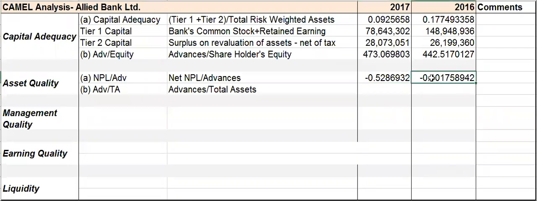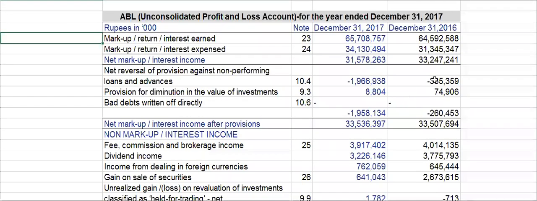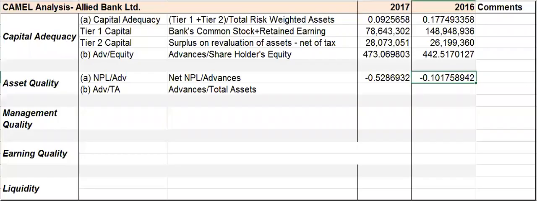Here the sign is negative. Just ignore this sign, because in the income statement the negative sign means that this amount is an expense, but here our purpose is to calculate the percentage of non-performing loans with respect to advances. This ratio shows that out of total advances, Allied Bank is not recovering 0.10% of their advances.